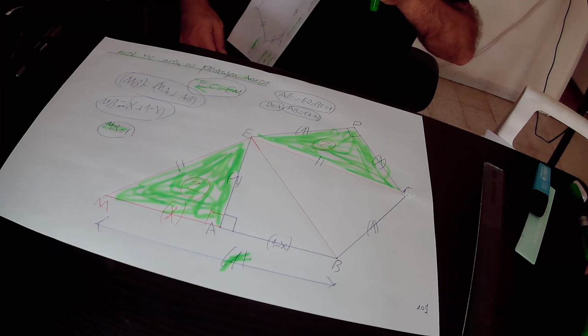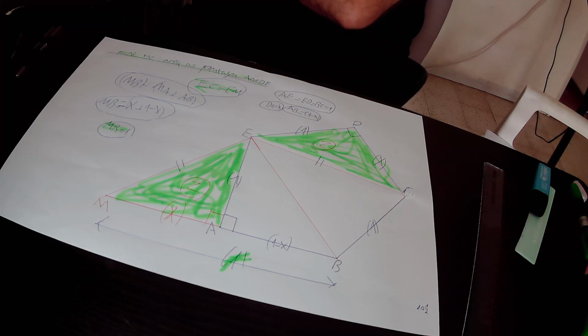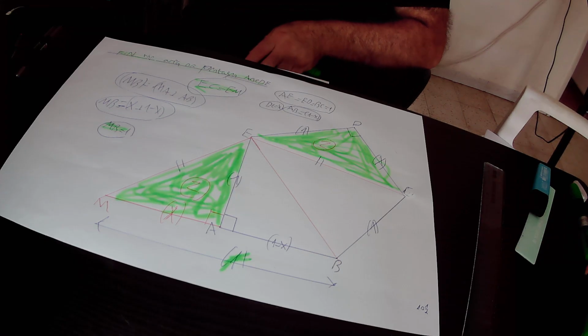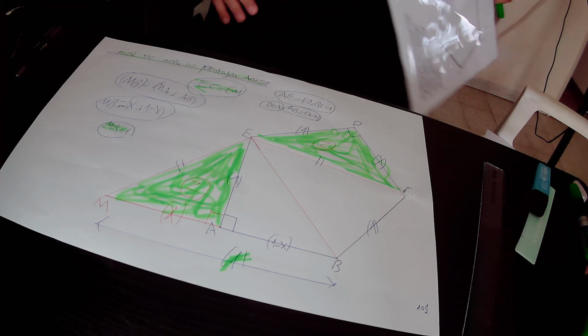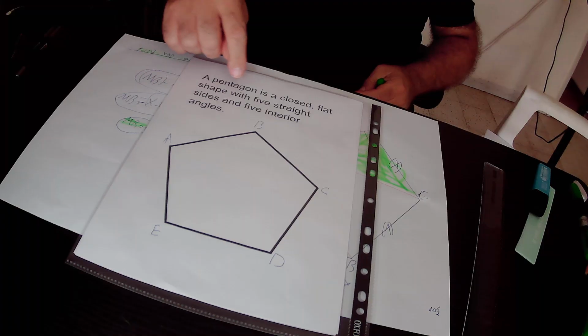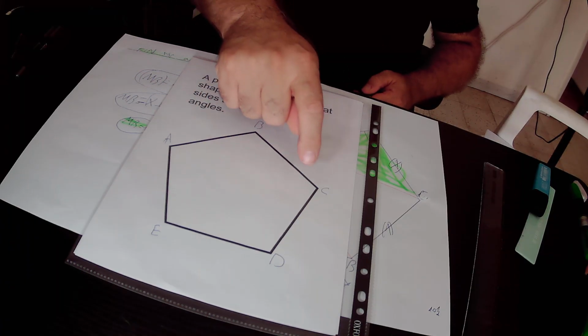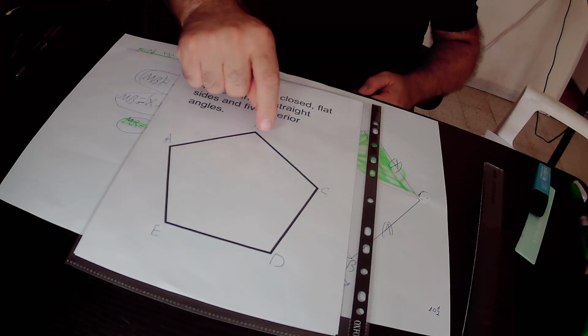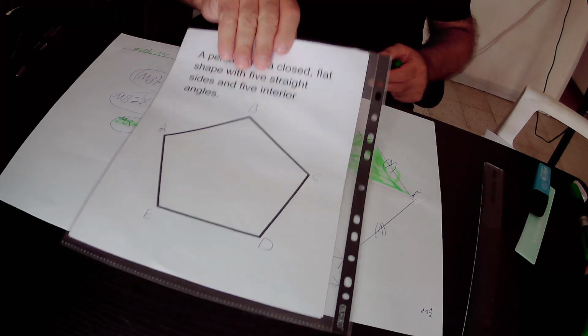A pentagon is a flat closed shape with 5 sides and 5 interior angles. This is pentagon ABCDE. It has 5 sides, 1, 2, 3, 4, 5, and 5 interior angles, 1, 2, 3, 4, 5.